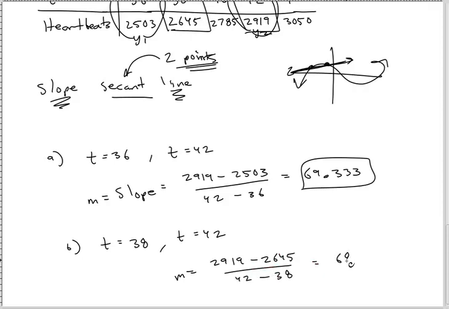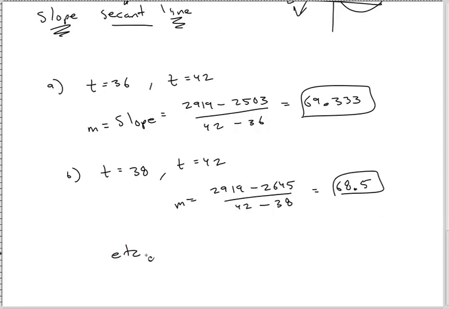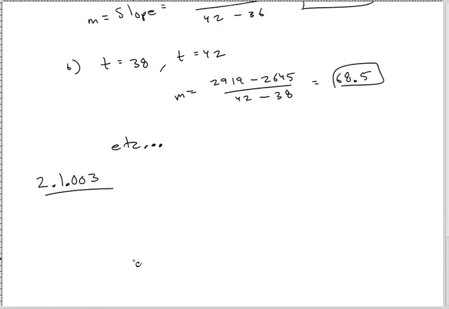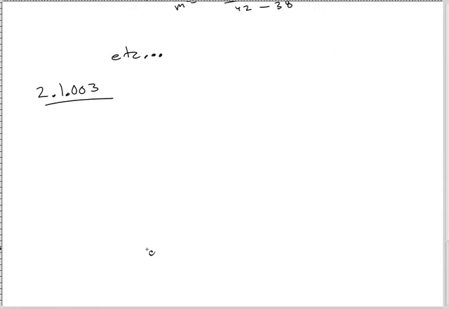Calculator, 68.5 is my answer. And I did not continue to do anything else. I just said, etc., continue moving on. I'm not even going to finish the problem from the homework, but you could see the pattern and the formula that we're going to be using to get that answer. So there you go.